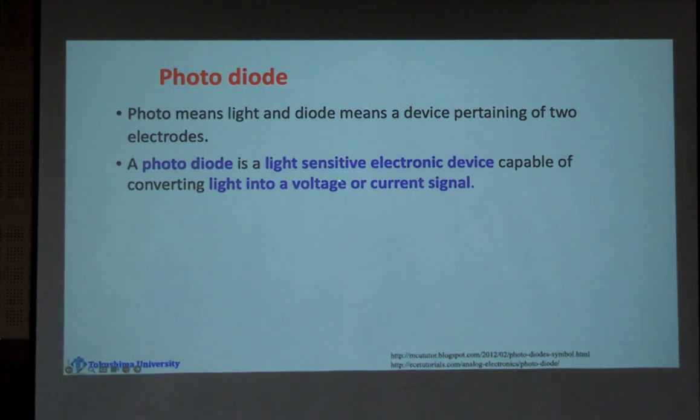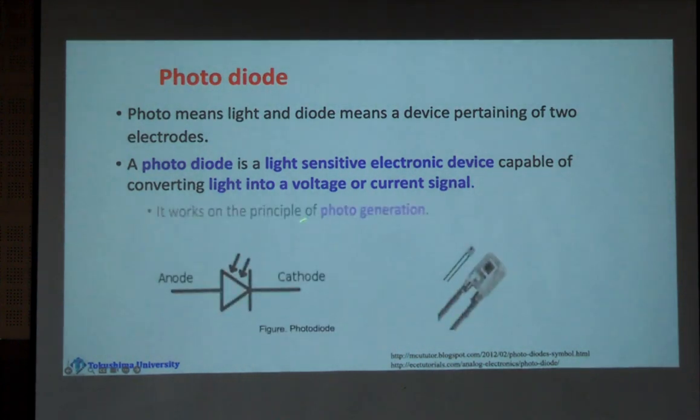So a photodiode is a light-sensitive electronic device capable of converting light into a voltage or current signal. You put light on the diode and see what kind of change it shows in the electric signal. That is a photodiode.